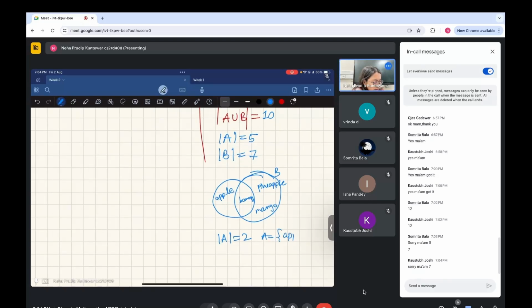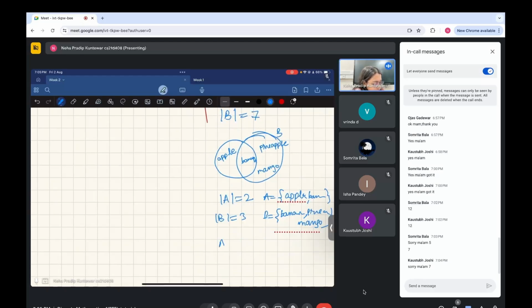And what is the cardinality of B? B consists of banana, pineapple and mango, so it is 3. What is the cardinality of A intersection B? It has one element, banana, so the cardinality is 1.